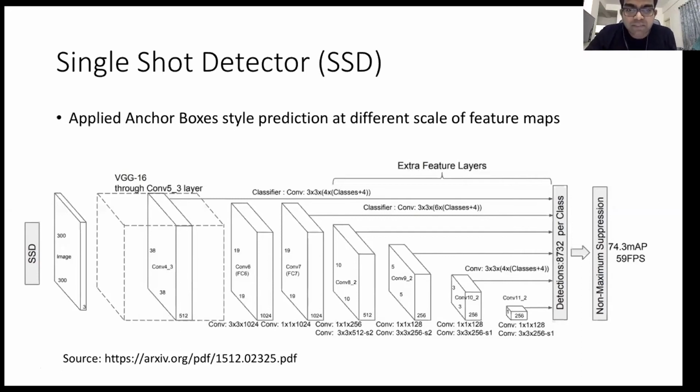So here 3x3 means a 3x3 kernel. For each kernel, it is generating 4 anchor boxes, and each anchor box has a probability of belonging to each of your classes, along with 4 values for predicting the position of your anchor box. That is the very top line here. Below extra feature layers, you can see classifier convolution.